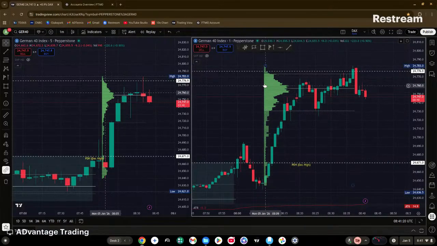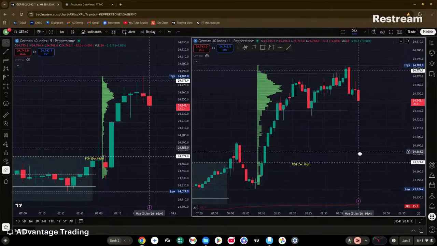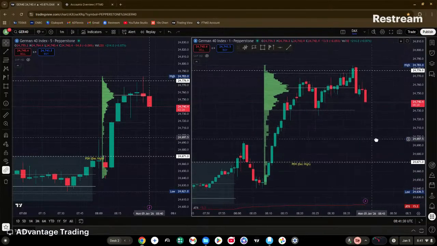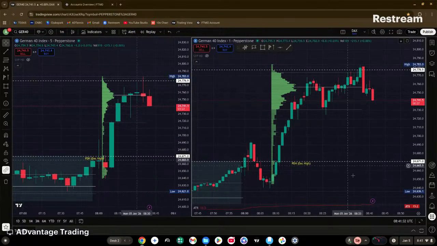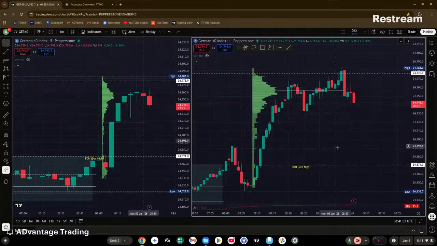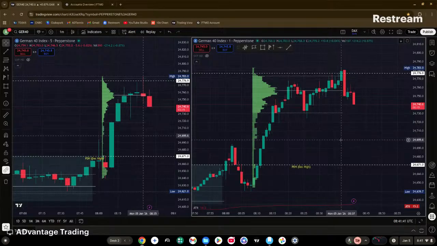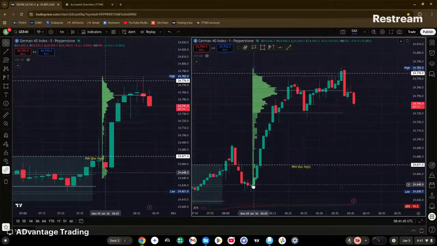It essentially makes the shape of a P. If it was bearish, it would be a B shape, so all the volume would be at the bottom. There are many different shapes of volume profiles which indicate different levels of bullishness or bearishness or indecision, trends or ranges, or various different things.